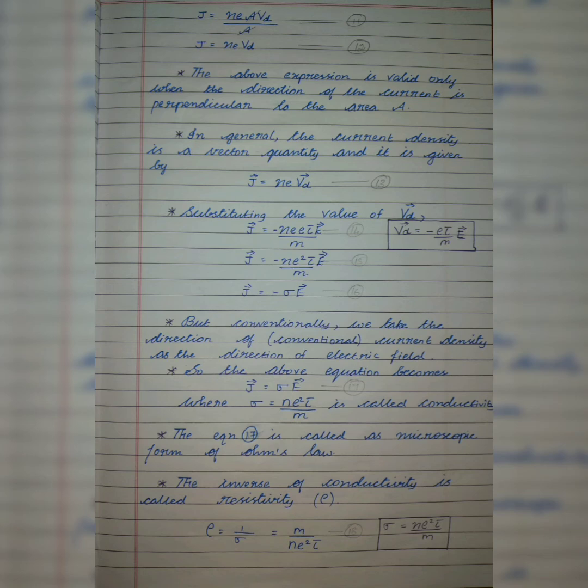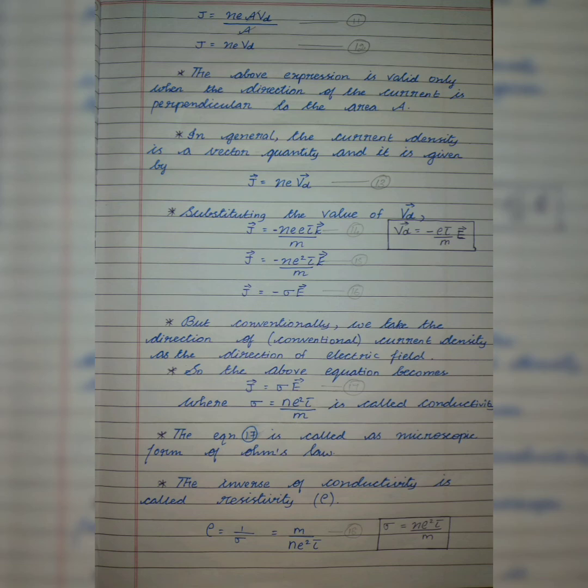So J vector is equal to, equation number 13ல இருக்க VD வெக்டருக்கு பிளேஸில் நம்ம இப்போ பார்த்த அந்த நியூ ஃபார்முலாவை ரீப்ளேஸ் பண்ணணும். ஸோ மைனஸ் NE into VD வெக்டருக்கு ஃபார்முலா E tau by m into E வெக்டர். ஓகே, தென் NE ஸ்கொயர் tau by m.